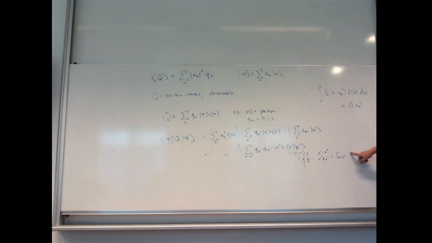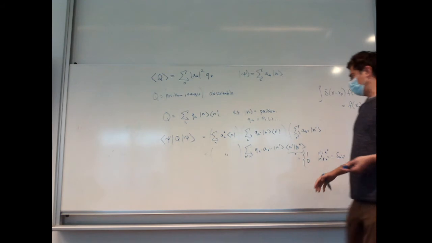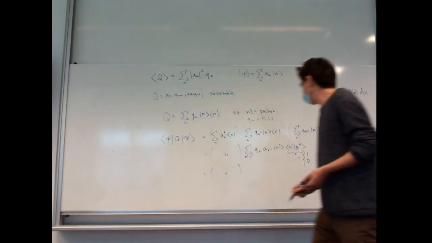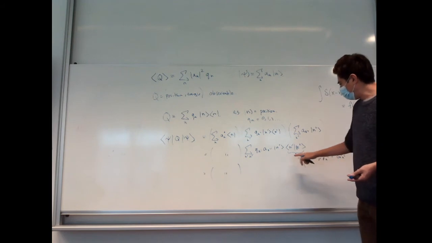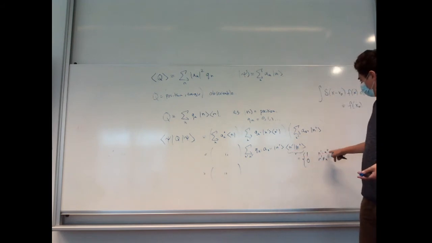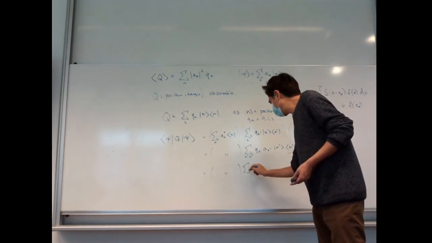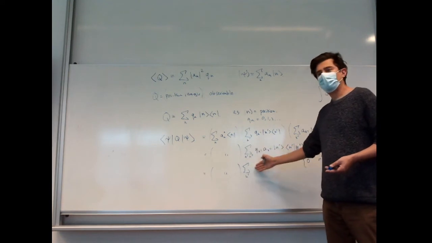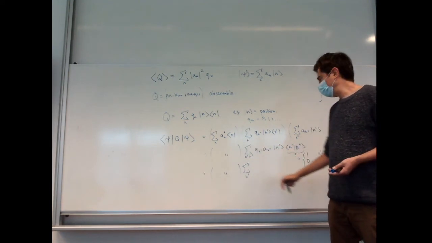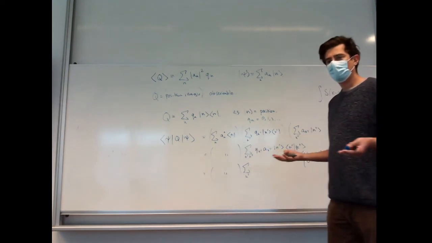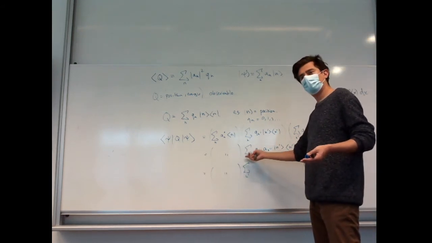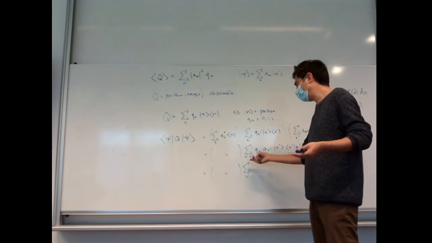And basically what happens, it's actually quite simple, is that n prime has to be equal to n double prime. So this double sum turns into a single sum, because it's going to be 0 unless n double prime is equal to n prime.